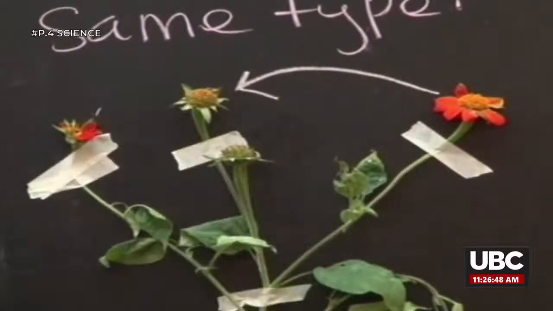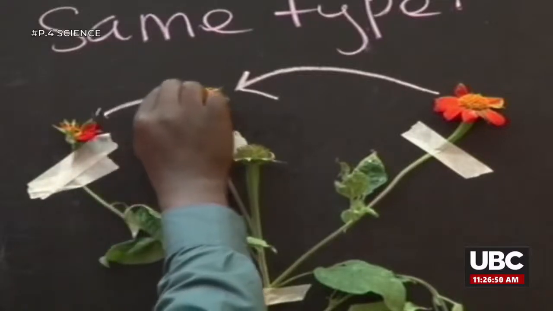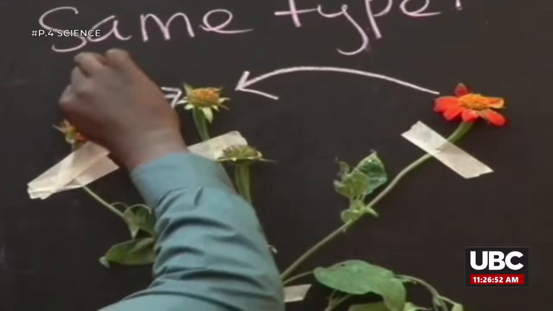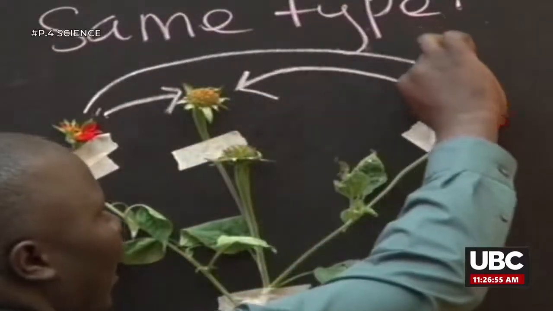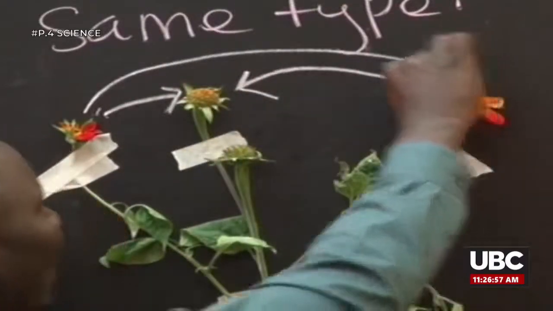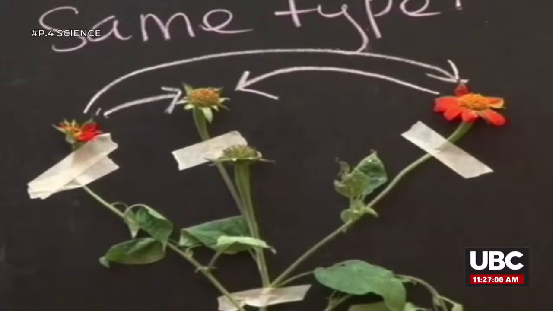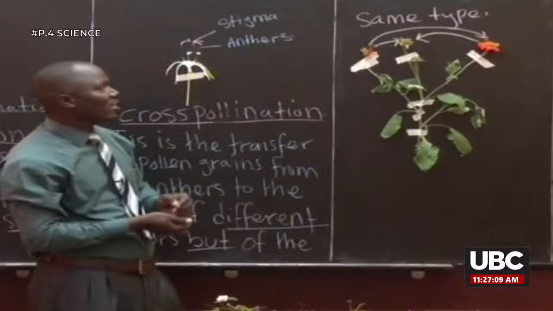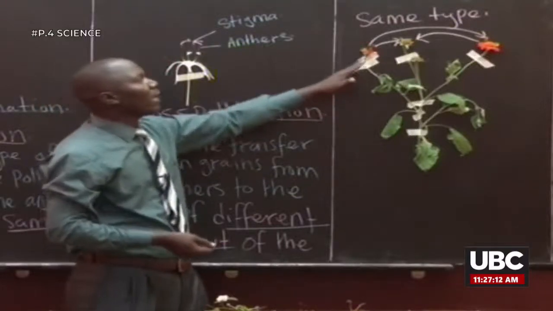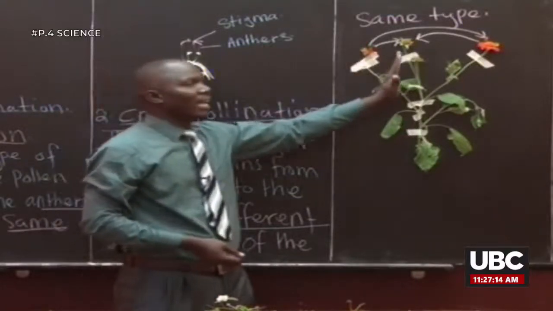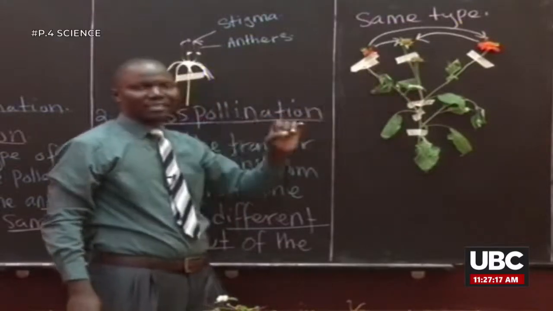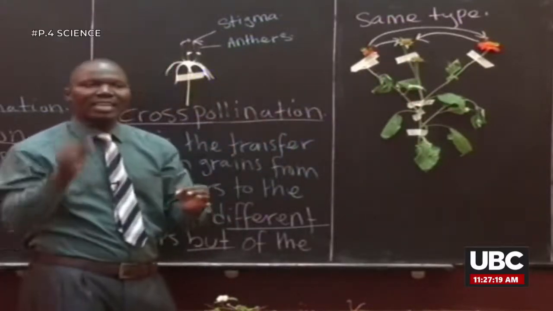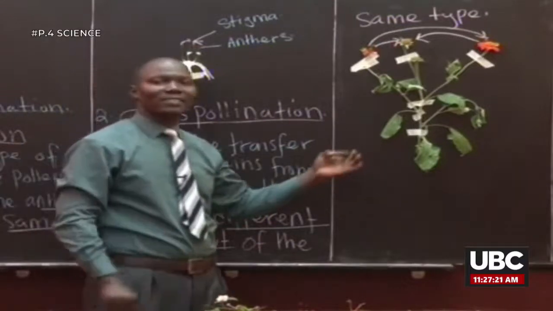It could be from this flower and maybe to that flower, or it could be from that flower to that flower. Once that happens, then we can say cross-pollination has taken place. What is cross-pollination? Transfer of pollen grains from the anthers to the stigma of different flowers, but of the same type.